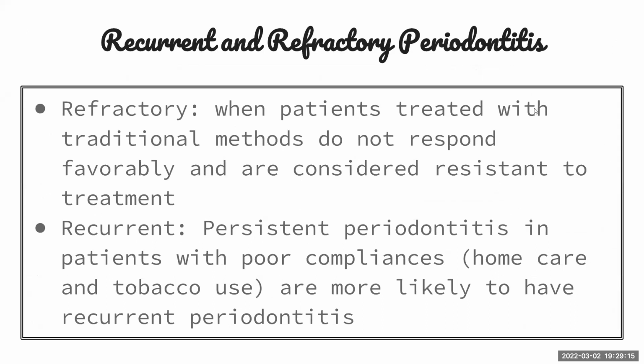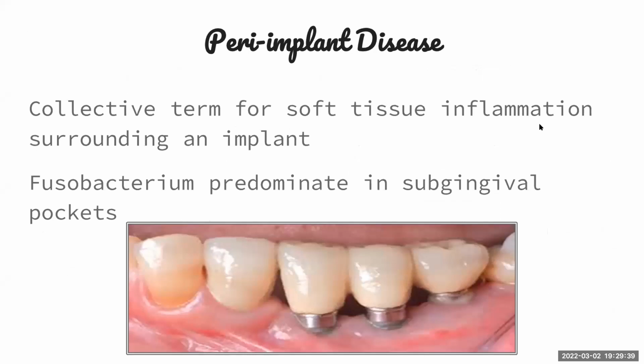Refractory, patients not responding. Recurrent is they did respond, and now they're more likely to have breakdown in those areas. If you've had previous periodontal breakdown, that site is more susceptible to future periodontal breakdown. Peri-implant disease.